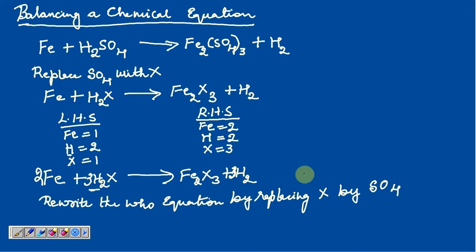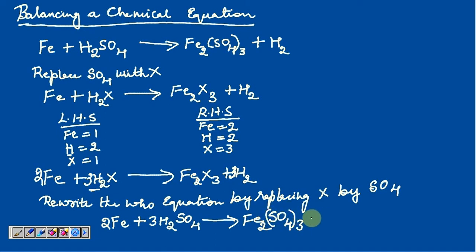So in the last equation, the third equation, we rewrite it as 2Fe plus 3H2SO4, because initially we had replaced SO4 by X. This gives Fe2(SO4)3 plus 3H2, where instead of X I am writing SO4 in brackets, thrice.